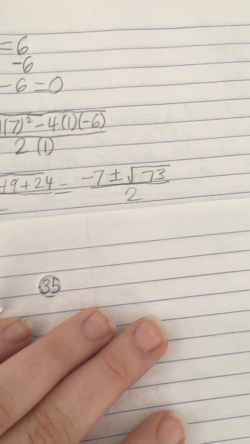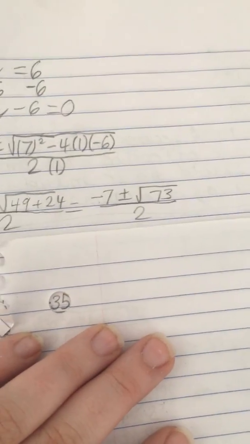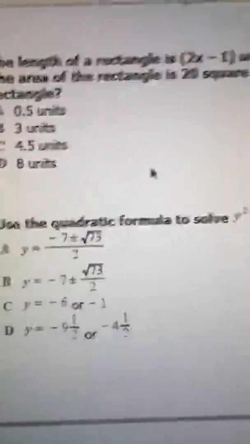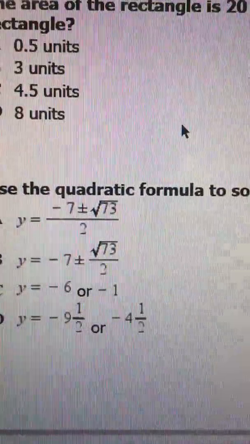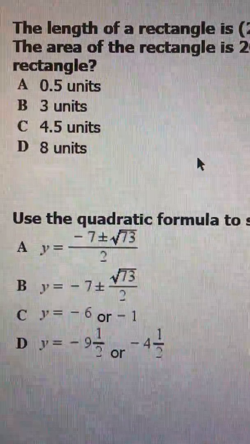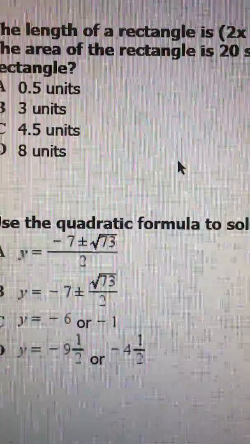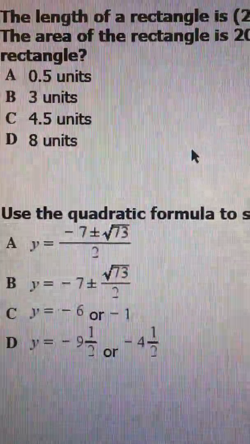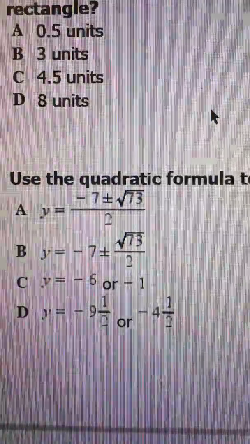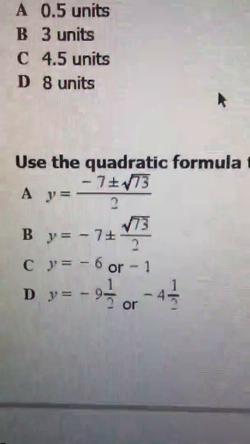So our answer is negative 7 plus or minus the square root of 73 over 2. So A is our answer.